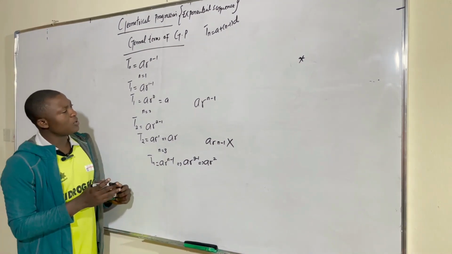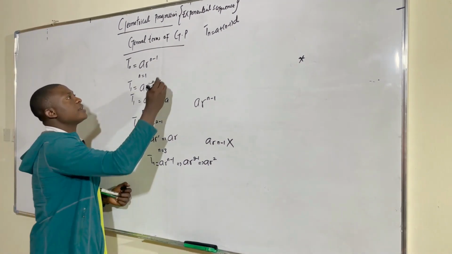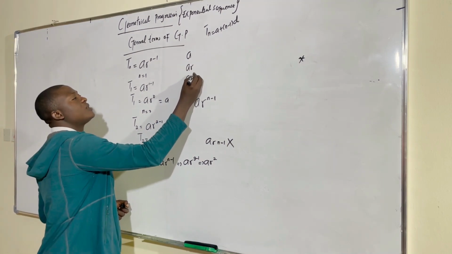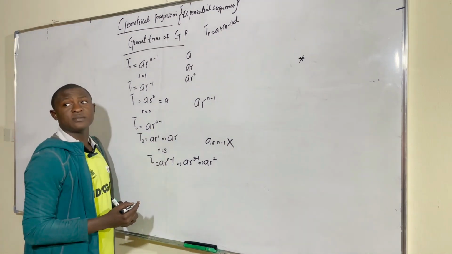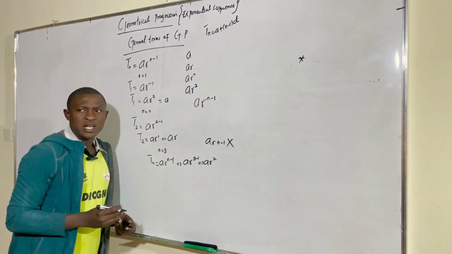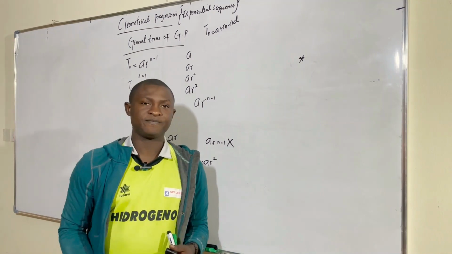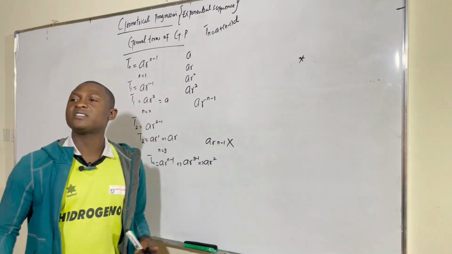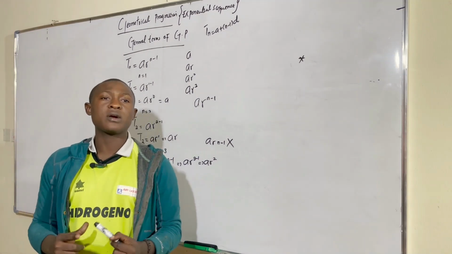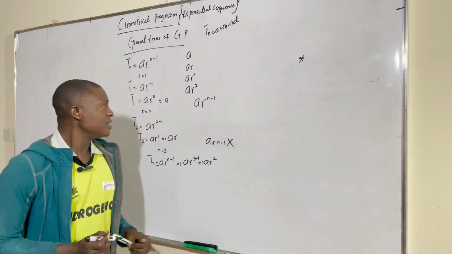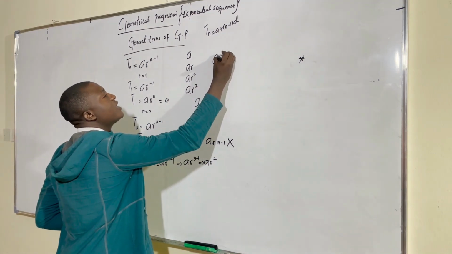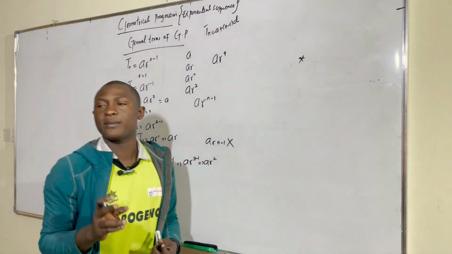So logically, you can see the first term is a, the second term is ar, the third term is ar squared. Can you guess the following term? Yes, that is going to be ar cubed. It's just increasing by 1. For example, if I say the 10th term, how can we write it? That's going to be ar^9, the exponent being the term number reduced by 1.